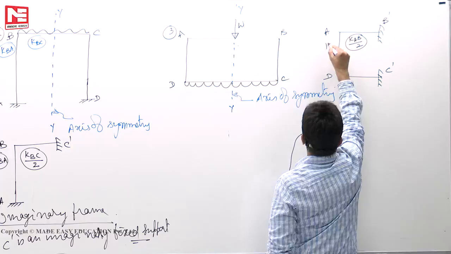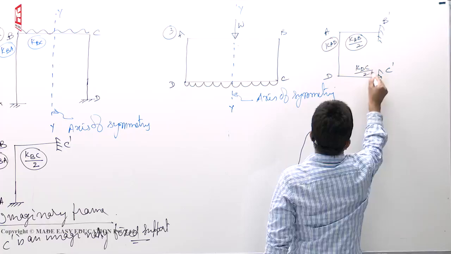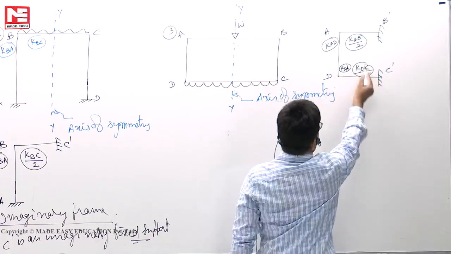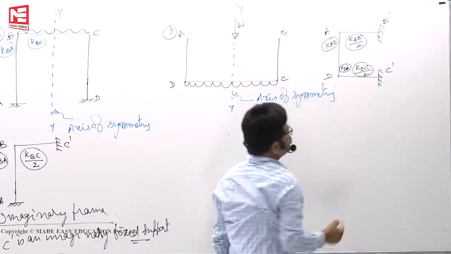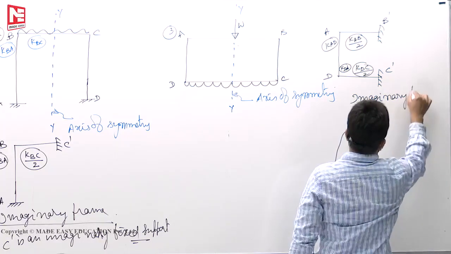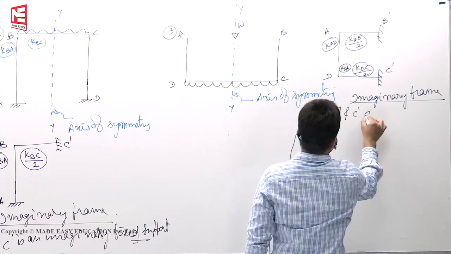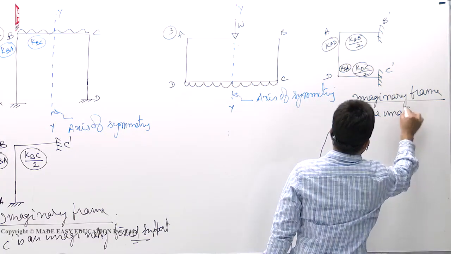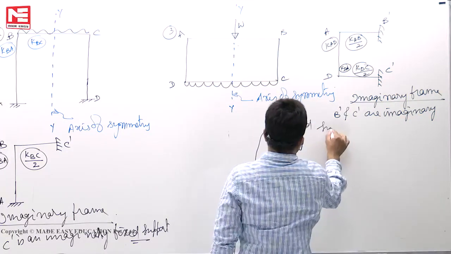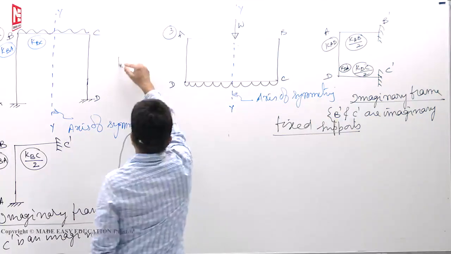Half of the frame you have to take, this KAD you have to take here as it is. KDC by 2. This is again KDA as it is. DA, DC by 2, AD, AB by 2. This is your imaginary frame. In this case, B dash and C dash are imaginary fixed supports. Okay, like this.